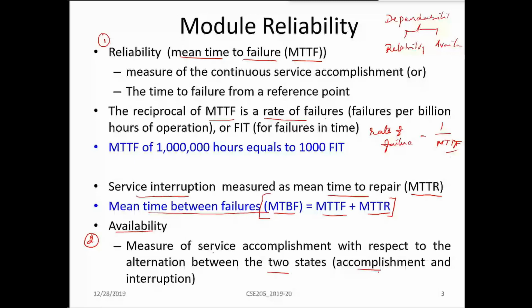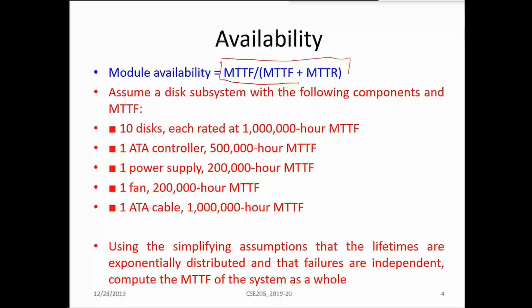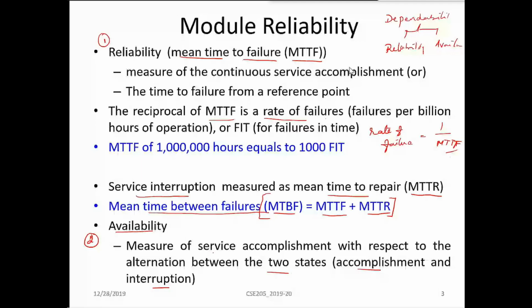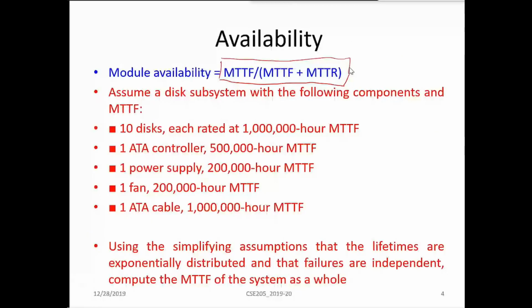Please remember these formulas. The rate of failure is the reciprocal of MTTF. The next one is mean time between failures, which is MTTF plus MTTR, and the module availability is MTTF divided by MTTF plus MTTR. So these are the formulas with respect to reliability and availability.